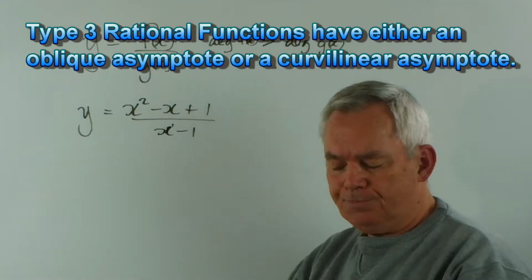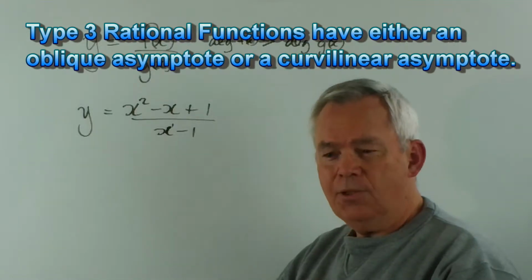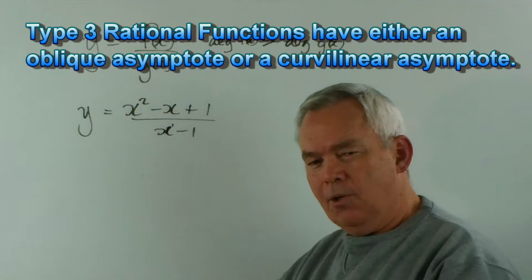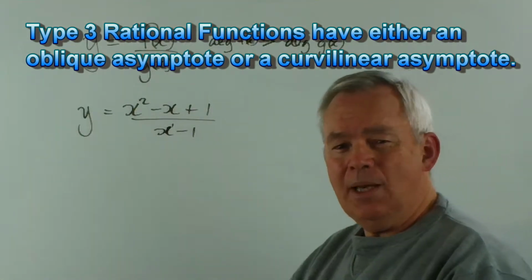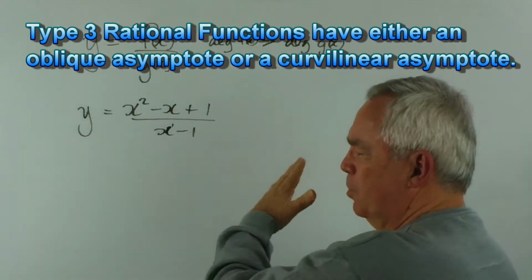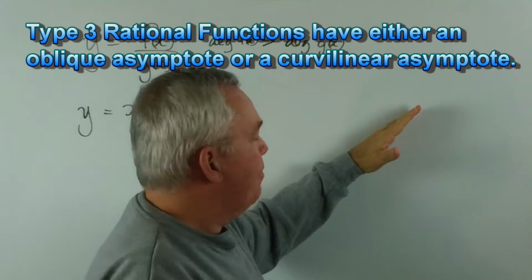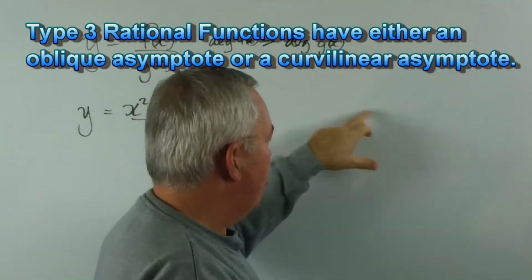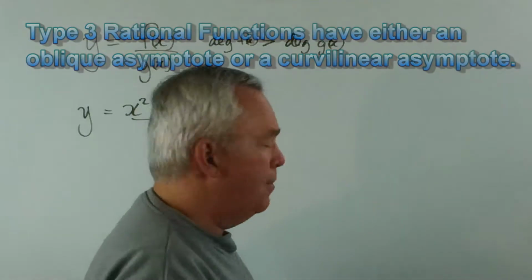That is, we're going to have a value of x to the power 1, which would be a linear function, or x squared, which would be a quadratic, or even worse. And believe it or not, these become what are called oblique asymptotes. That's if it's a straight line. And if it's a parabola or a cubic or something, they become what are called curvilinear asymptotes.